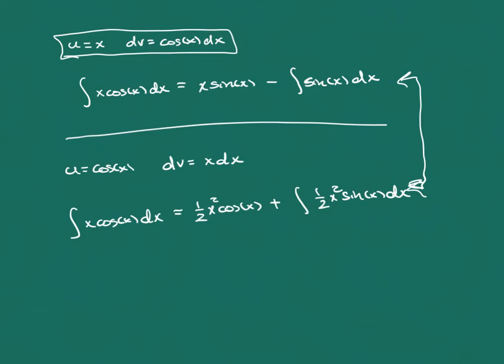Now, what people have developed over time is a little anagram that helps them to figure out how things go. And that anagram is LIATE.